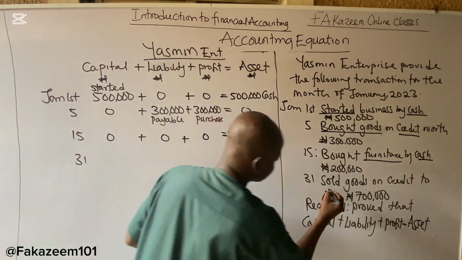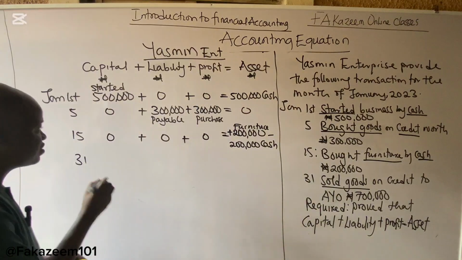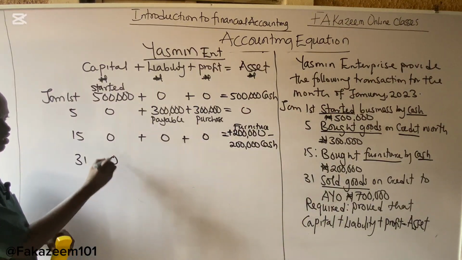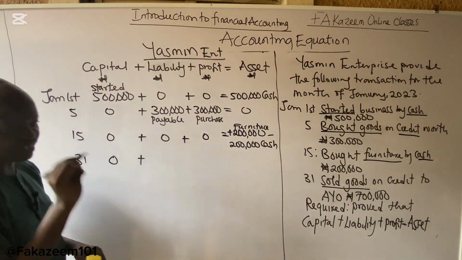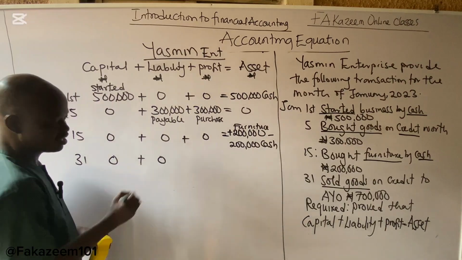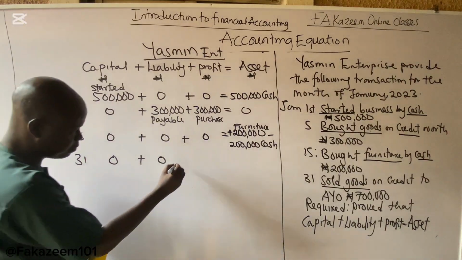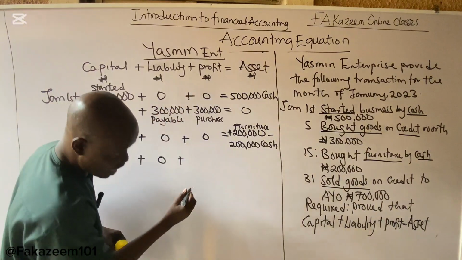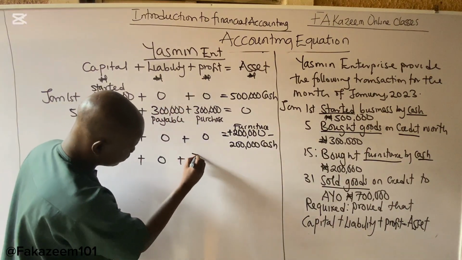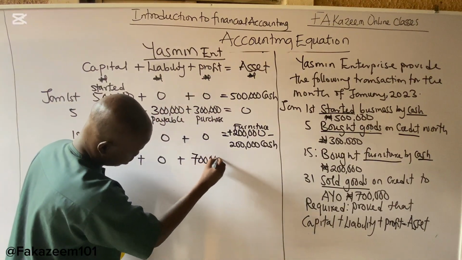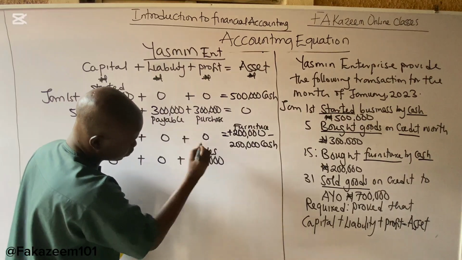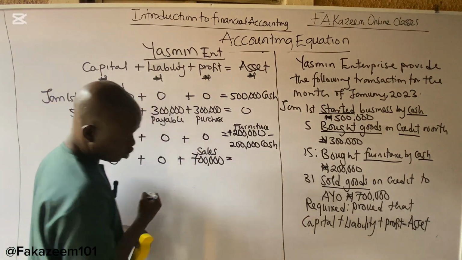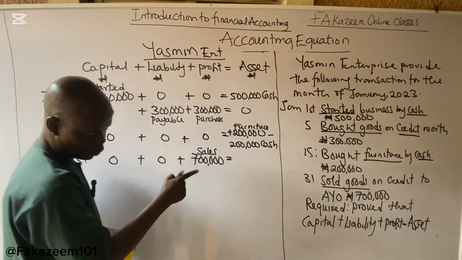Sold goods means sales. Sales is not capital, that's 0. Sales is not liability, that's 0. Sales belong to what? Profit or loss. And how much? 700,000. 700,000 sales equals to debtor.